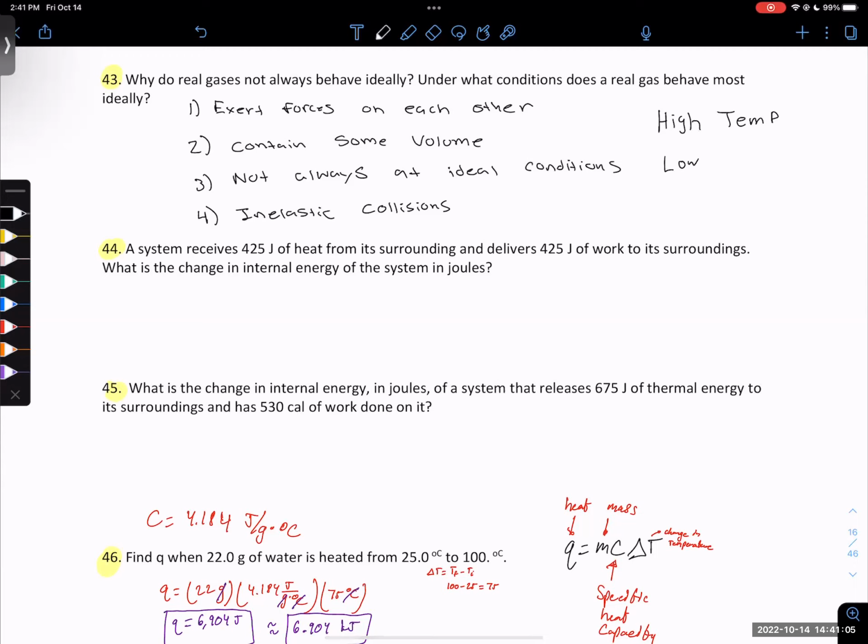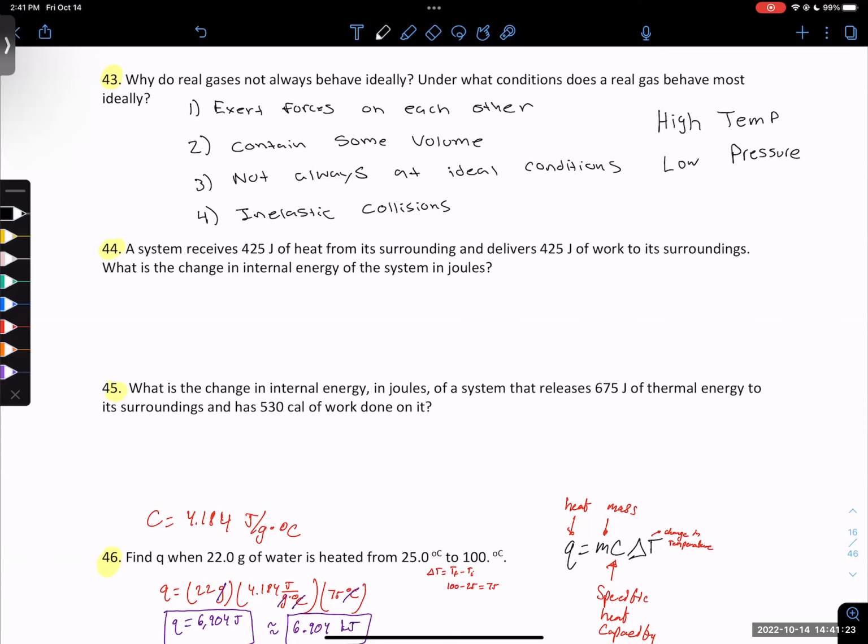I still don't understand this. Because if you think about it, if it's a higher temperature, they're moving faster, so they're more likely to collide and have those collisions and attractive forces. To me, that makes sense.